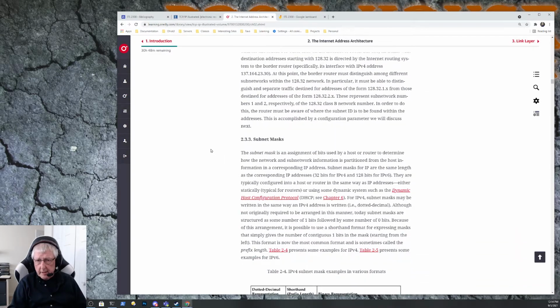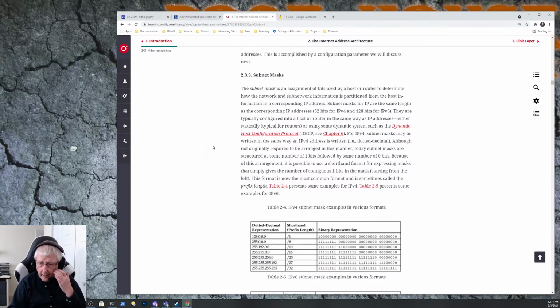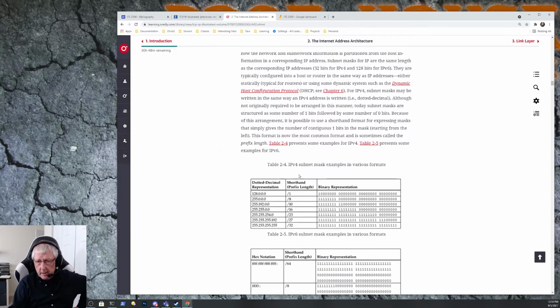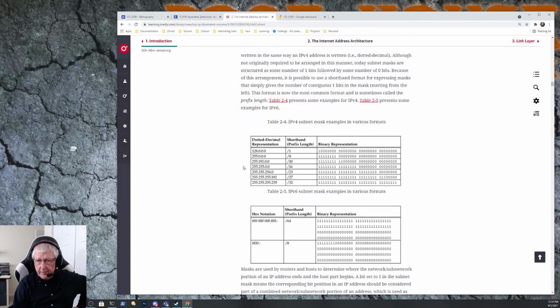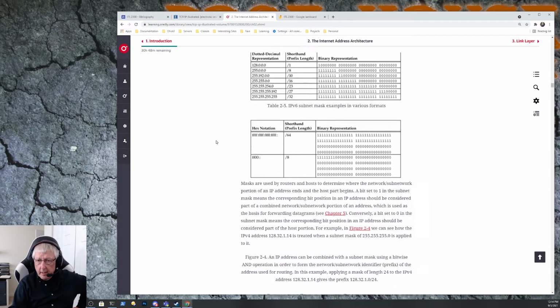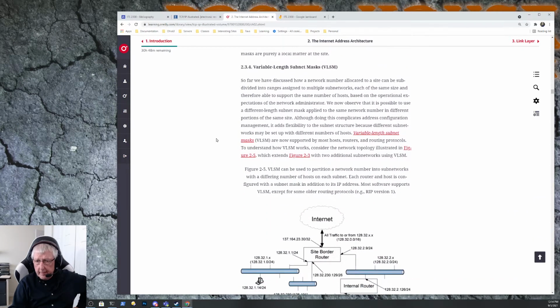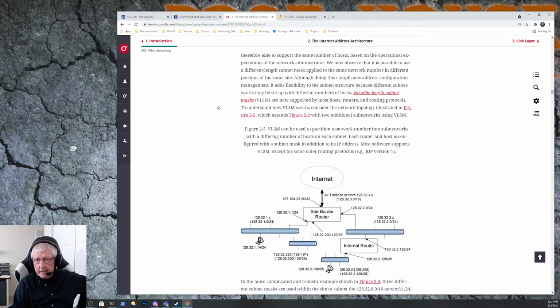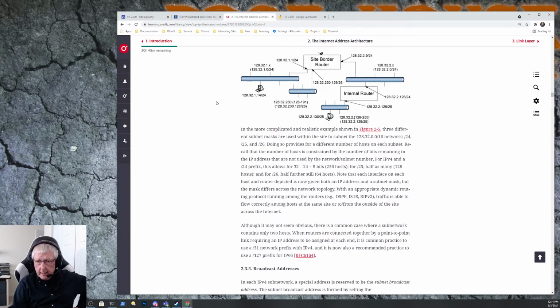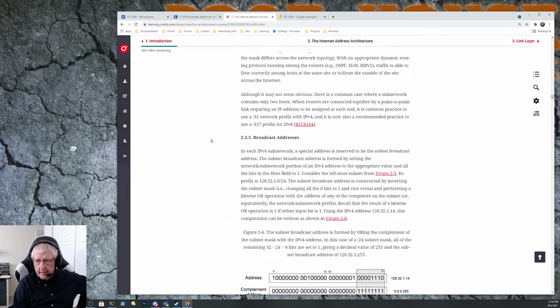So what I'm going to suggest is you go down to 2.3.3 because it talks about subnet masks and prefixes that you do need to know, and so that's useful. The next section on variable length subnet masks is something we talked about in class. Yes, you definitely want to read that.